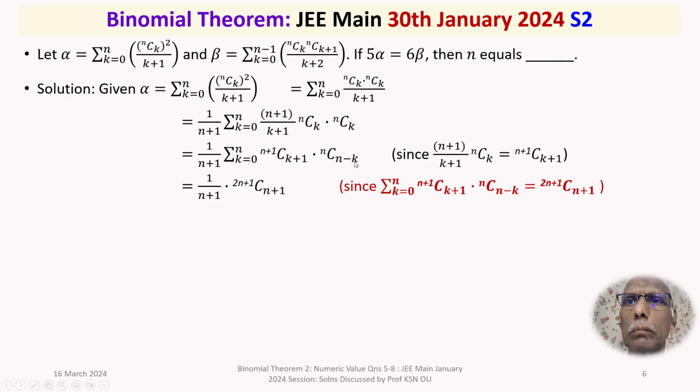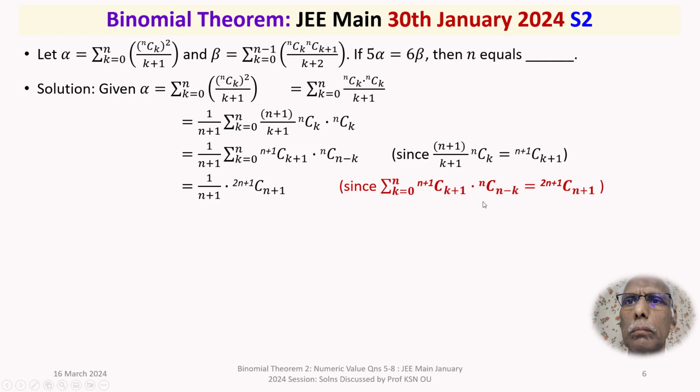And we have a result. This one is 2n plus 1 Cn plus 1. 1 by n plus 1 will remain as it is. So this is the result we are using, that is sigma k is equal to 0 to n of n plus 1 Ck plus 1 multiplied by nCn minus k is equal to 2n plus 1 Cn plus 1.